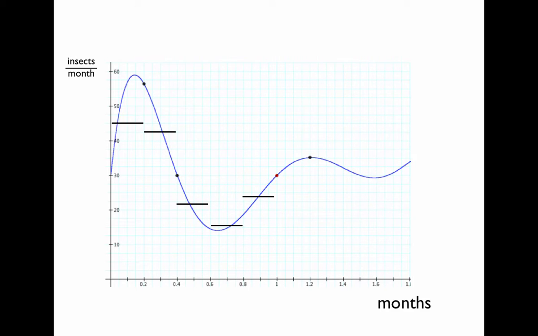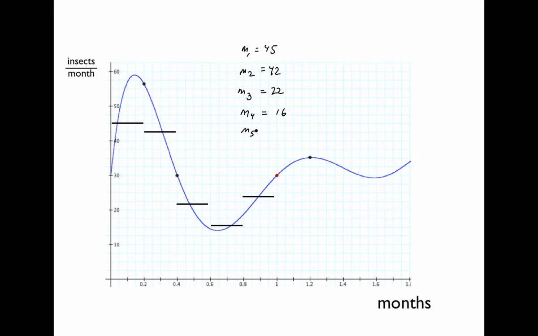if I have my first rate here is 45, so M1, 45, M2, I don't know, 42, M3, 22, M4 is 16, and M5, 24.